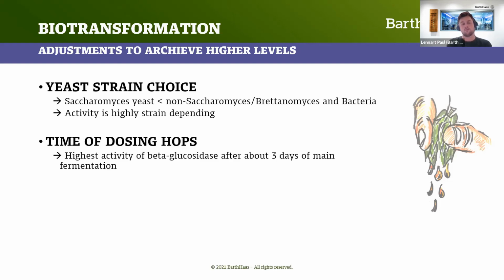Secondly, the time of dosing hops also is very important, and this is what the scientific papers agree on, that the highest activity of beta-glucuronidase is reached after 3 days of main fermentation. So if you want to get the best results for this kind of pathway, you should make an active dry hopping during your active fermentation.